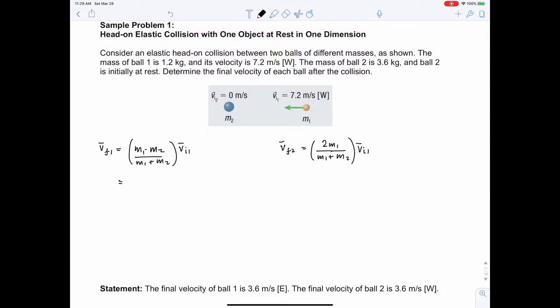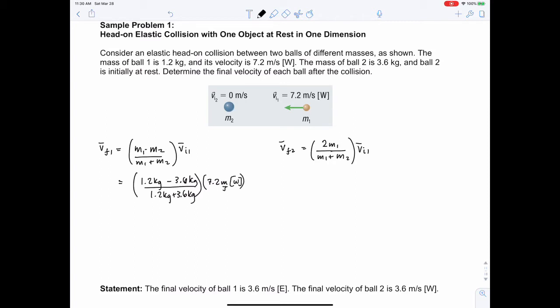For the final velocity of object number 1, it is equal to the mass 1, 1.2 kilograms, minus mass of number 2, 3.6 kilograms, divided by 1.2 kilograms plus 3.6 kilograms, times the initial velocity, 7.2 meters per second.